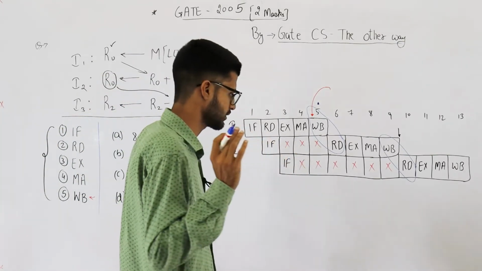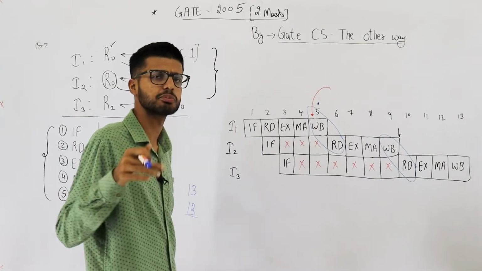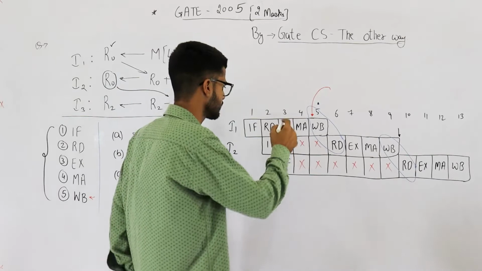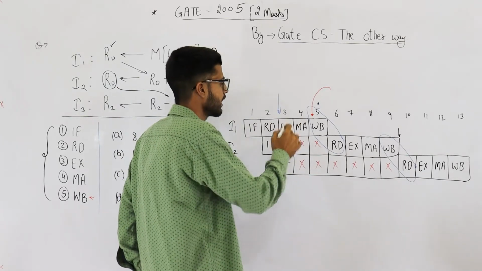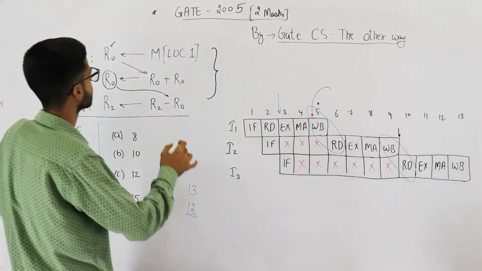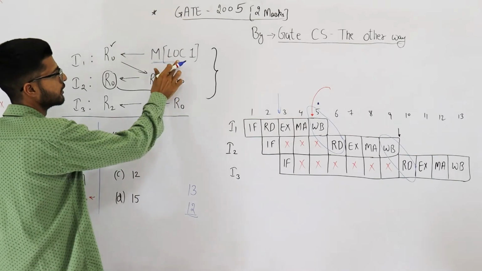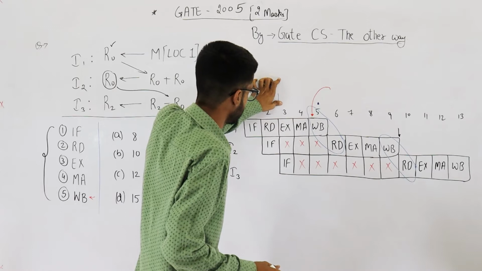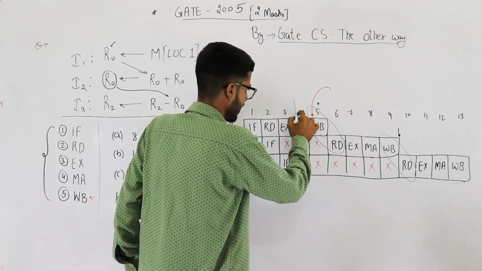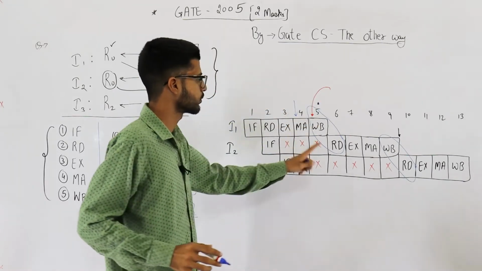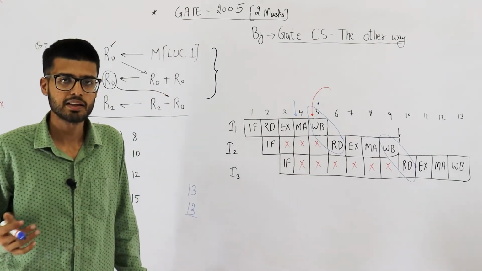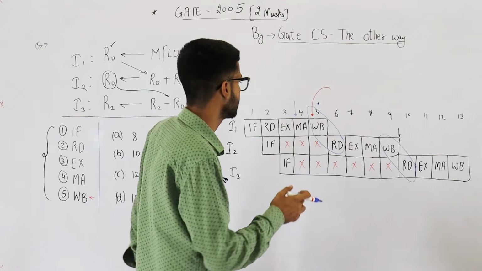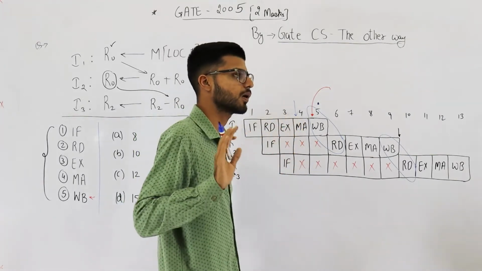For example, if some value is being calculated in the WB stage, that stage already had that value. Sorry, rather the value was fetched from memory, so it was calculated or available in this MA stage. In such cases we cannot apply split phase, because in the MA stage the value was not already available.